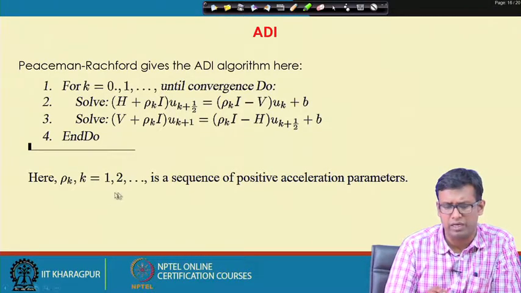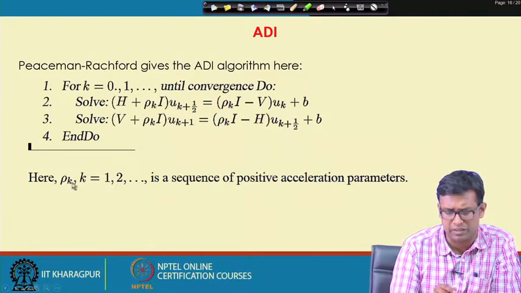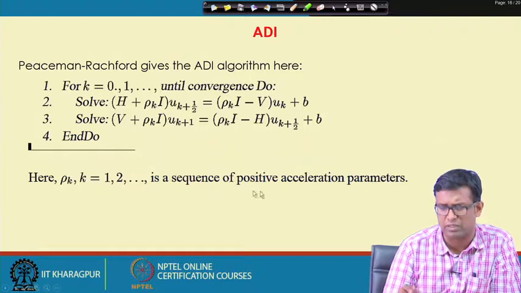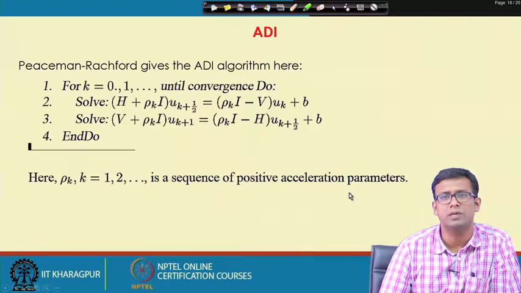Here rho k, for k is equal to 1, 2, at different iterations, the values of rho k might change. It is a sequence of positive acceleration parameters which is designed to improve the convergence of this method, because this is essentially an iterative method very similar to the basic iterative methods we have discussed.